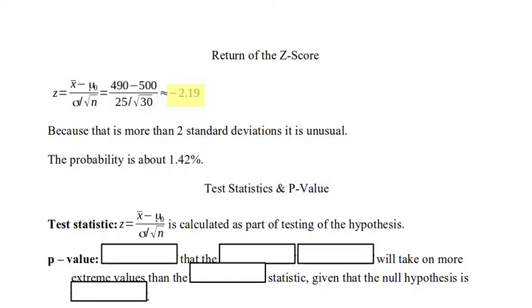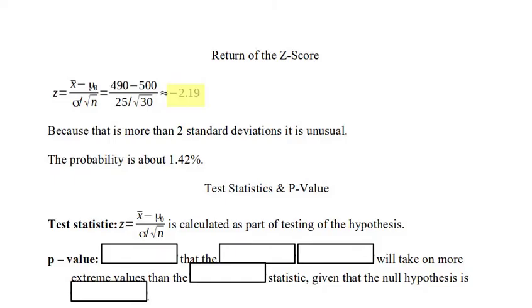And the probability is about 1.42%. So all of a sudden we can see that if the manufacturer's claims are true about the population mean and the population standard deviation, then our sample of 30 would have a mean of 490 or more extreme, that is fewer days, 1.42% of the time.